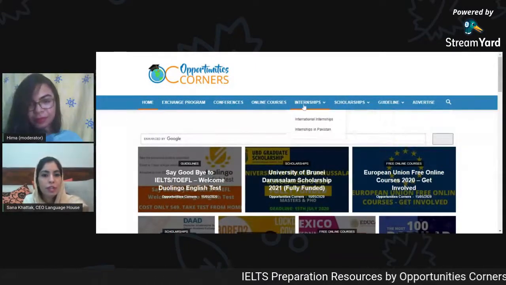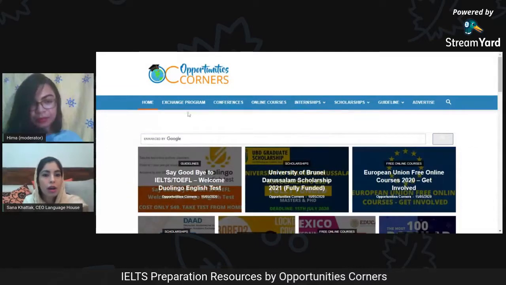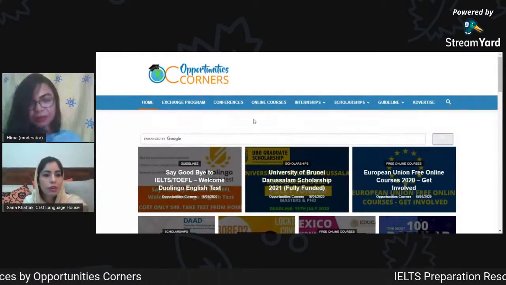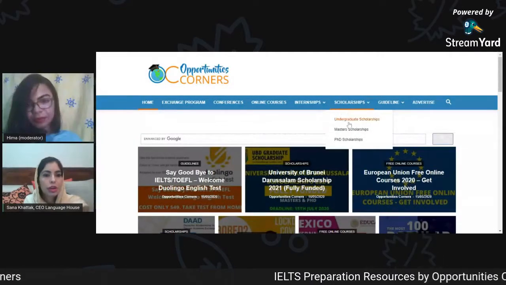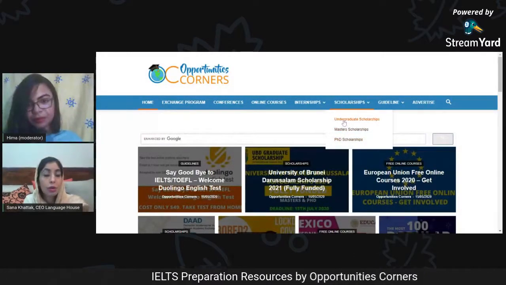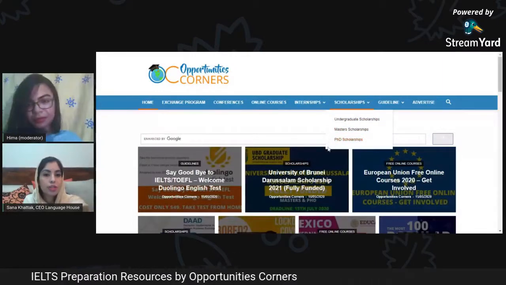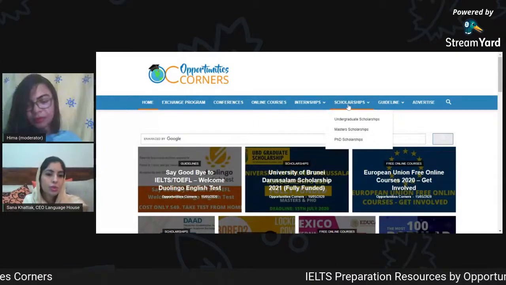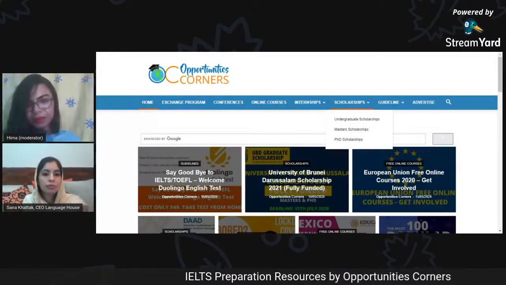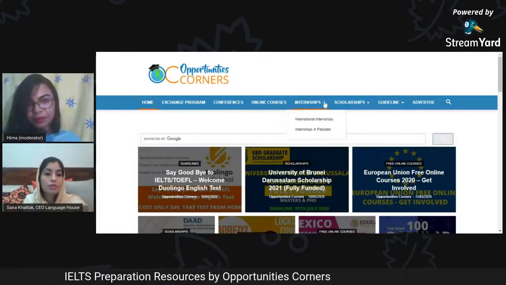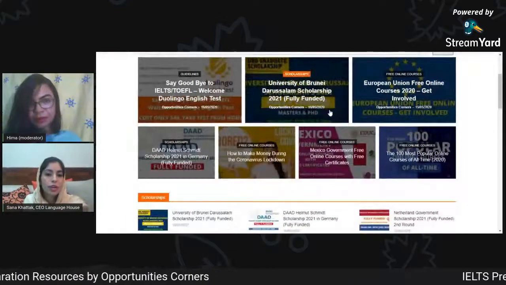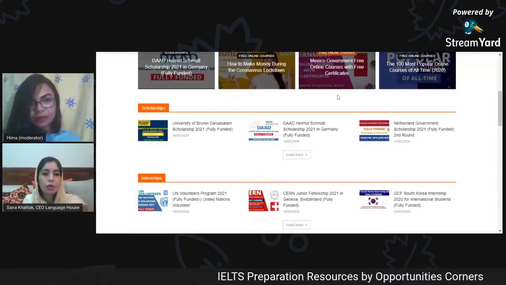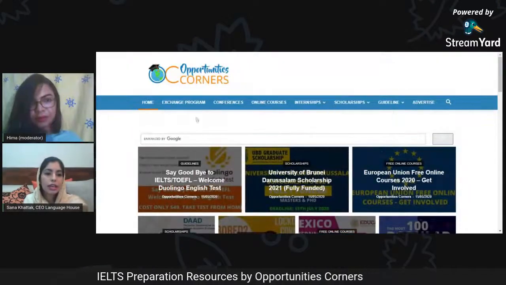If you see in the address bar, there is a specific icon with the name scholarships. If you're interested in scholarships, you can go there, and whichever level you are on, whether you want a PhD scholarship or an MPhil or a master's or a bachelor scholarship, you can choose it from there. So yeah, it's a very useful website. You can follow that website. Also, we'll give the link to the website in the post, so that all those who need information can get it from the link.